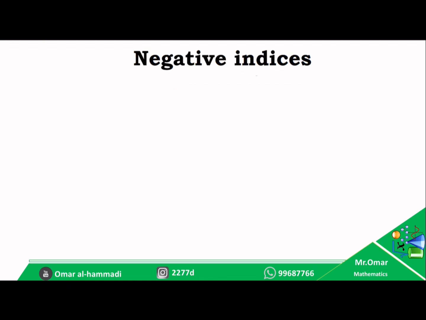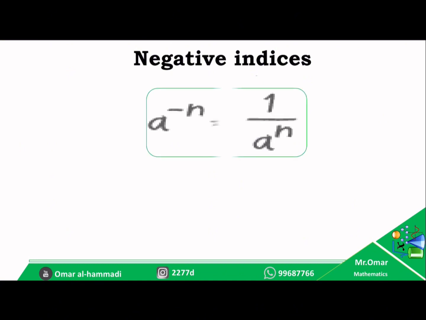Negative indices. When we have a negative power, for example, a to the power minus n, what do we have? The result will be 1 divided by a to the power n. Let's do an example. 3 to the power minus 2.